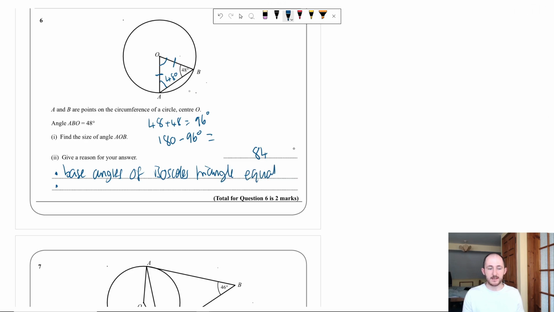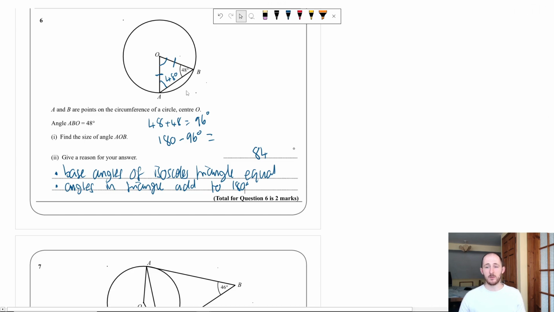And the next reason, and you can write both if you want to be super secure, is that angles in a triangle add to 180.